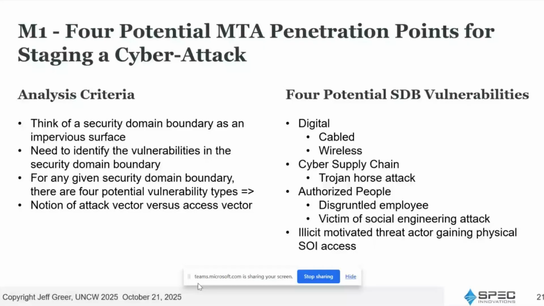If we think about the deliveries of digital equipment to, say, a ship, right? It can be a cyber supply chain attack, what they call a Trojan horse attack, or an interdiction attack, where you interdict the shipment of computers going to a ship, you put back doors in them, you deliver them to the ship, and once they're installed, you have a back door in.